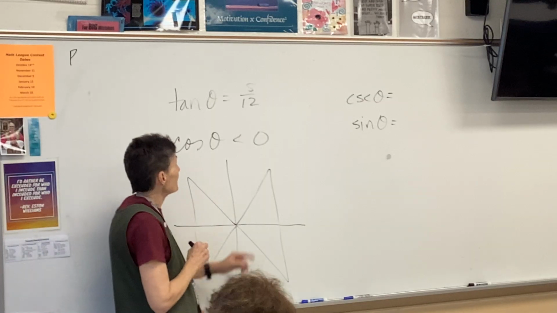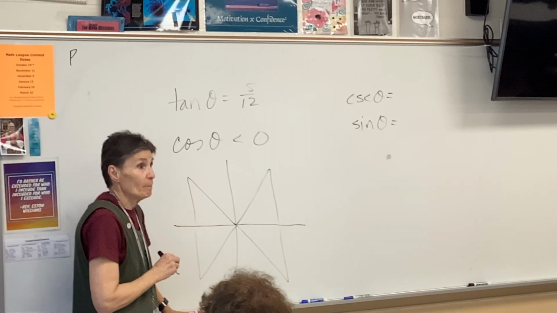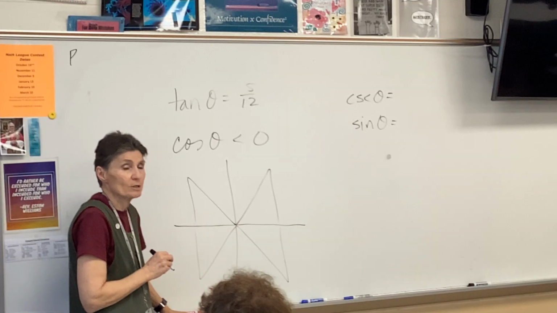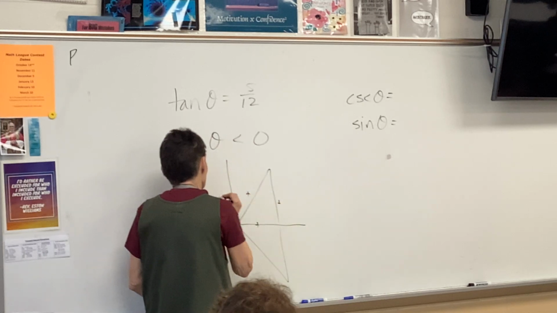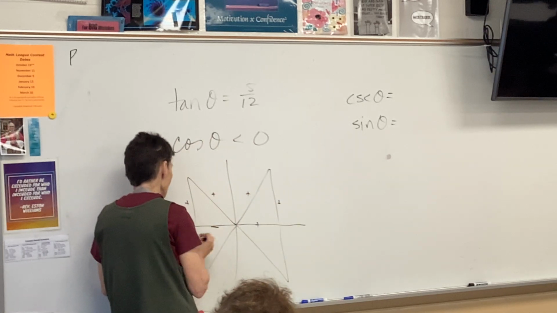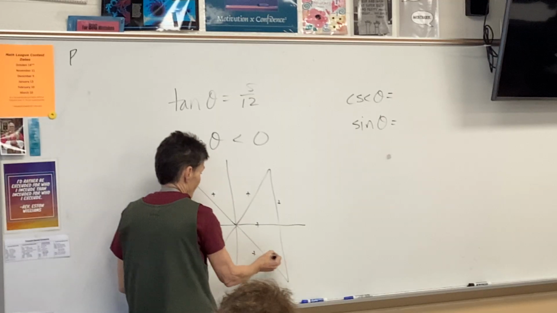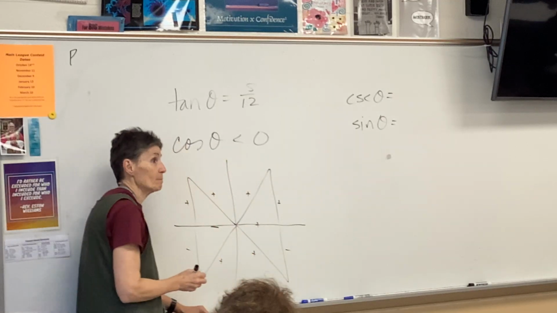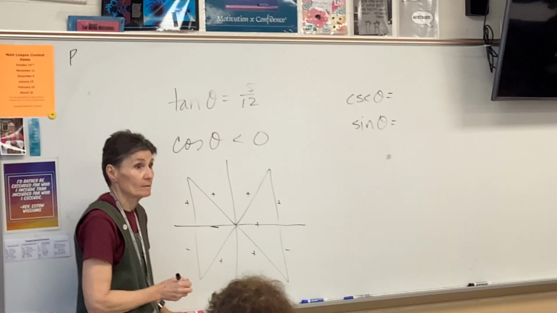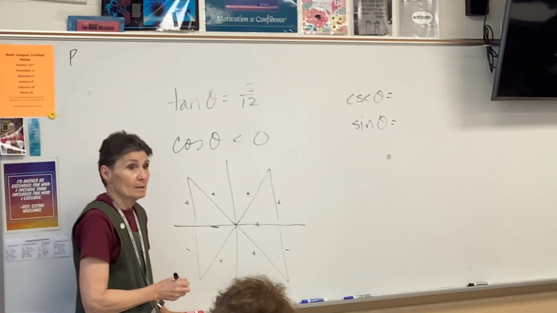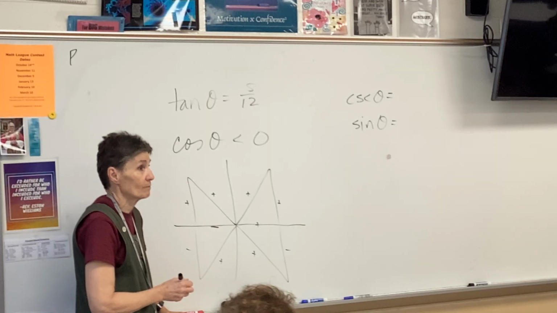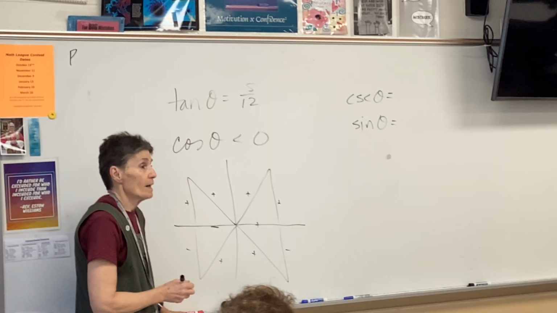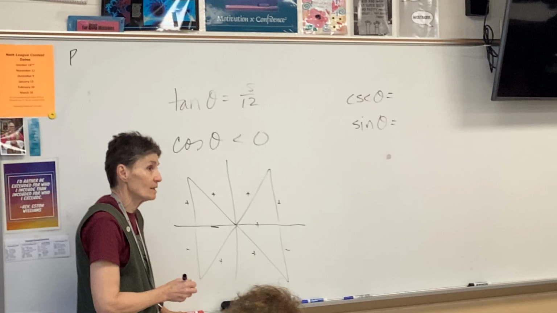I need the tangent to be a positive 5/12. So I need the tangent to be positive. Okay? So which quadrants could that happen in? I heard somebody say that could happen in the first quadrant, right? Could it happen anywhere else that the tangent would be positive? The third. And why is the tangent positive in the third?